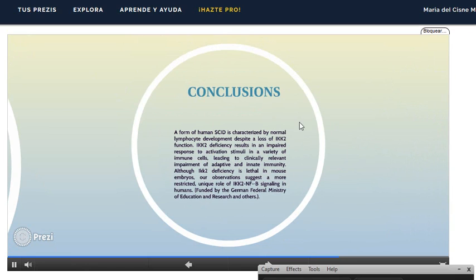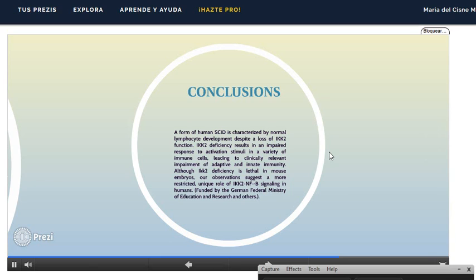Conclusions. A form of human SCID is characterized by normal lymphocyte development despite a loss of Ikbkb function. Ikbkb deficiency results in an impaired response to activation stimuli in a variety of immune cells, leading to clinically relevant impairment of adaptive and innate immunity.